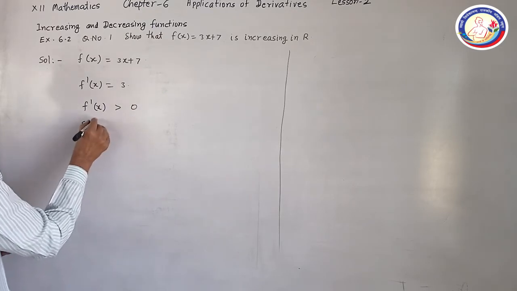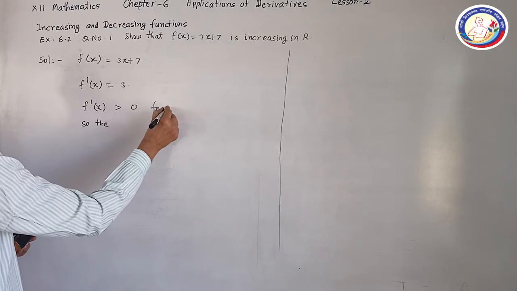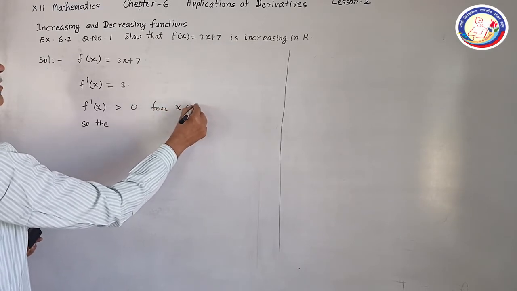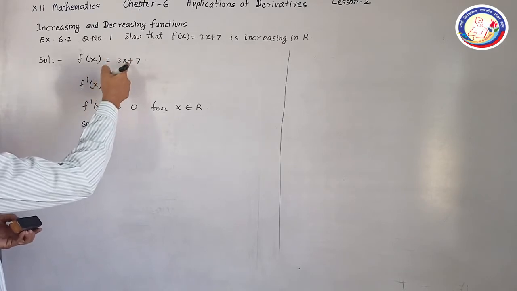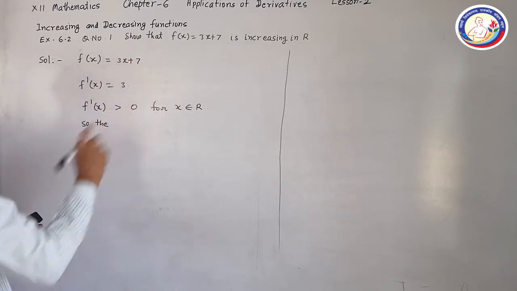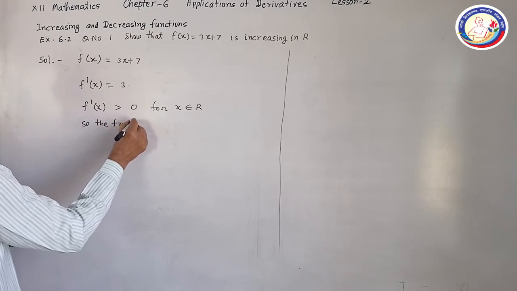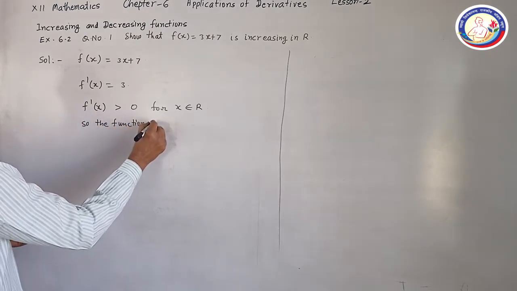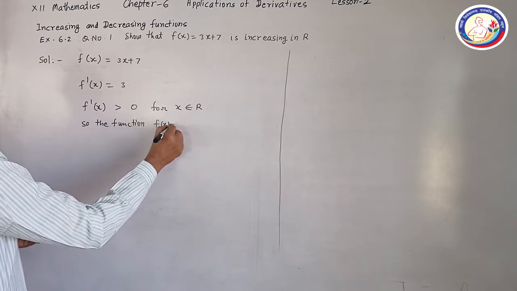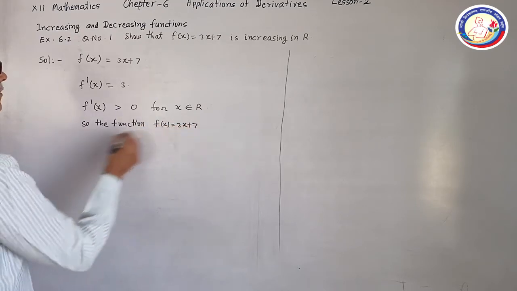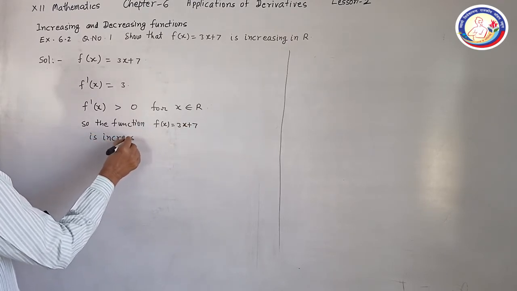So for x belongs to R, this will be greater than 0. So the function f(x) equal to 3x plus 7 is an increasing function.